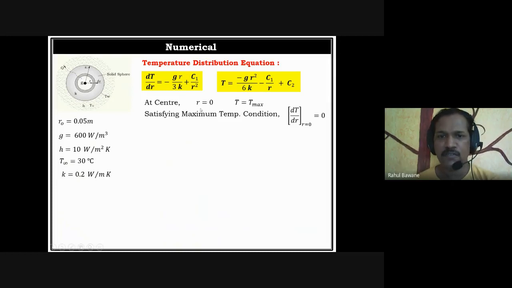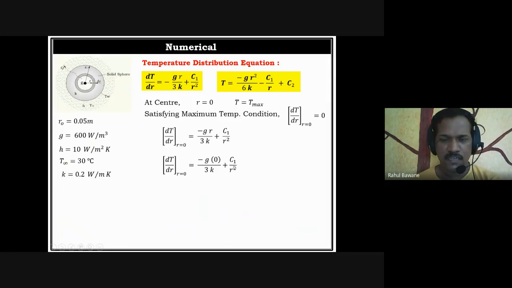So we will use this dT/dr form of the equation. Putting in the values, dT/dr at r equals 0 equals minus g r upon 3k plus C1 upon r square. Now we have to put in the values. As I said in the previous slide, we are not replacing the r in the C1 term with 0, otherwise it becomes infinity.